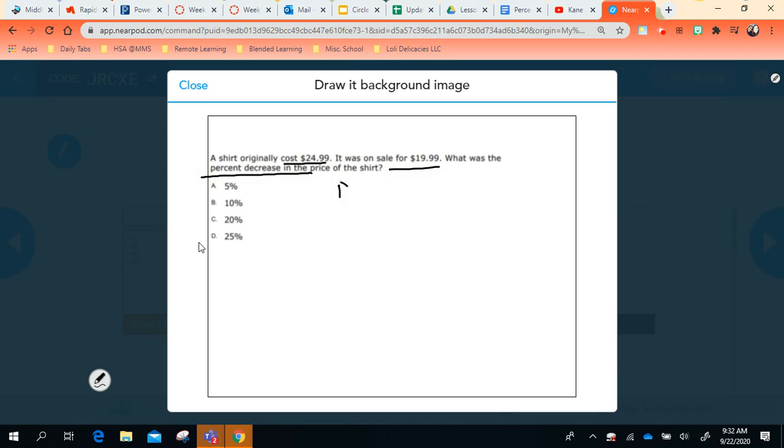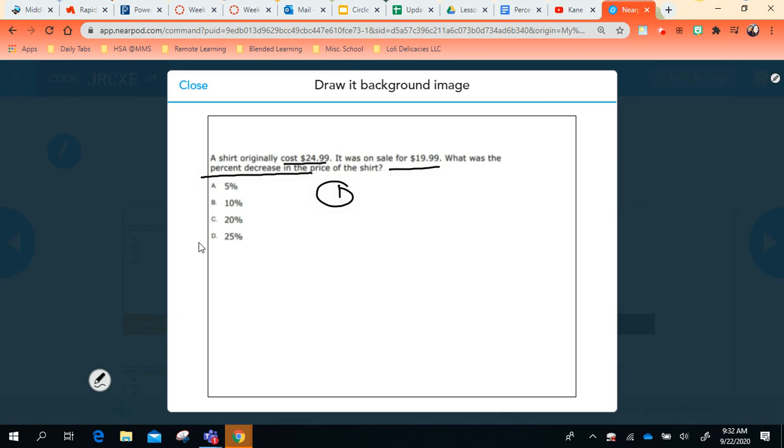So our first step told us to do what? Kevin, what did our first step tell us to do? You have it in your notes. Read it. What do we do in our first step? Subtract.